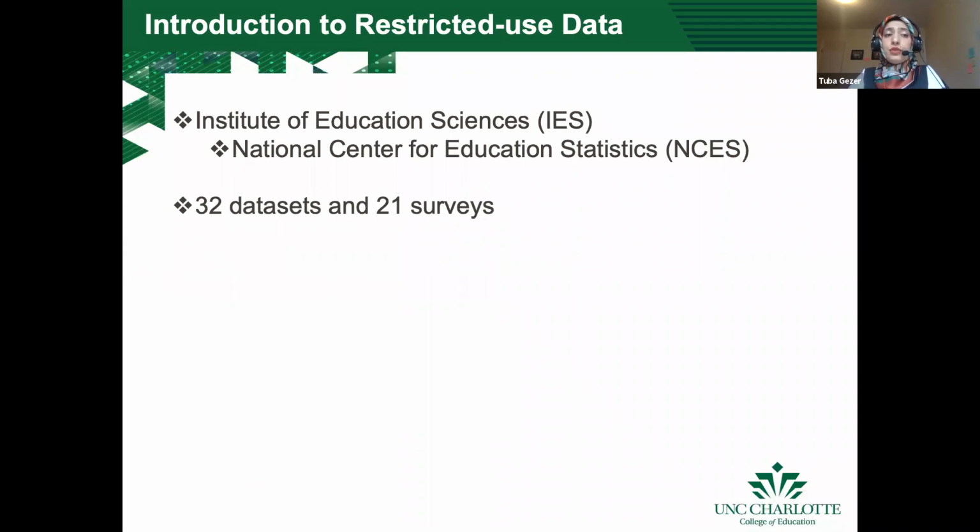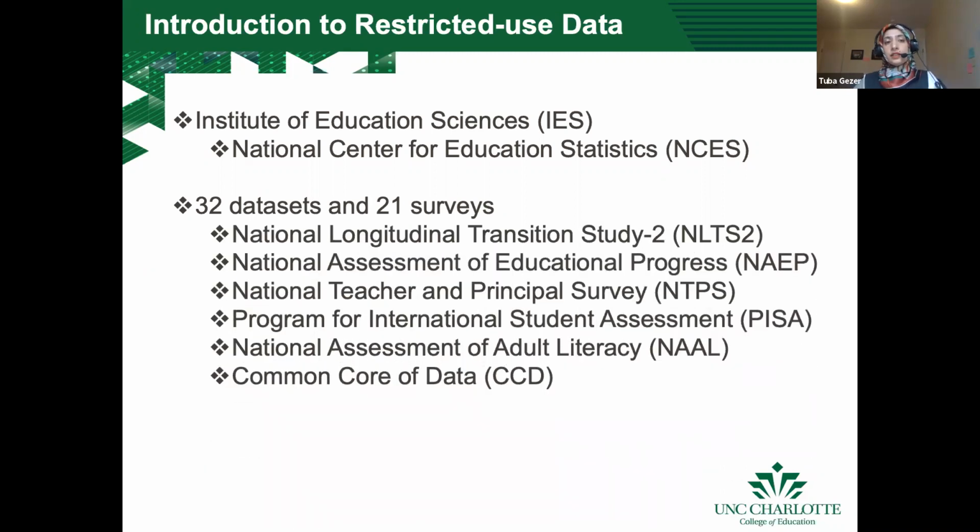In total, they have 33 longitudinal data sets and 21 surveys. Some of those data sets are the Education Longitudinal Study, NAEP, which is one of the famous ones, the National Teacher and Principal Surveys, PISA assessment, the National Assessment of Adult Literacy, and Common Core of Data. These are just some of them.